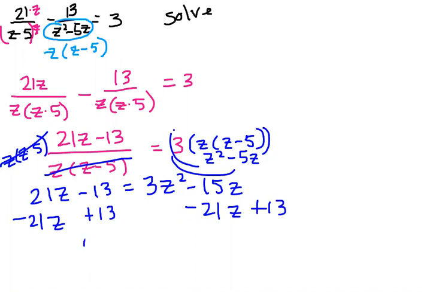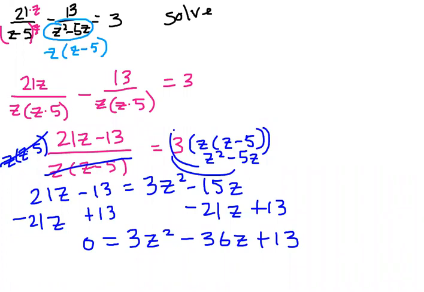And then what you'll have is that 0 equals 3z squared minus 36z plus 13. Right, so we do have a quadratic. None of those three terms have a greatest common factor you could factor out to make it nicer to deal with. The z squared coefficient is not 1, it's a 3, so it makes it a little harder to factor.